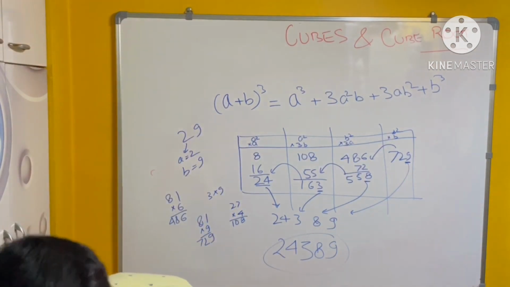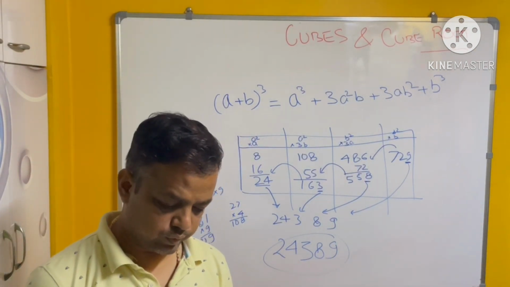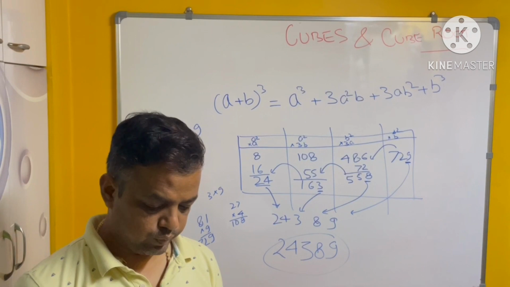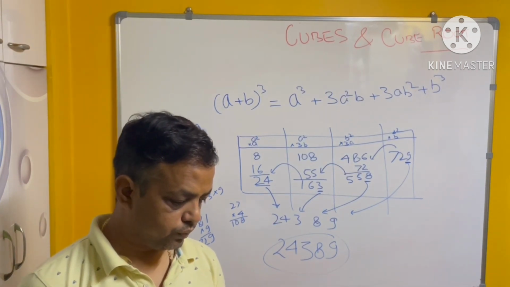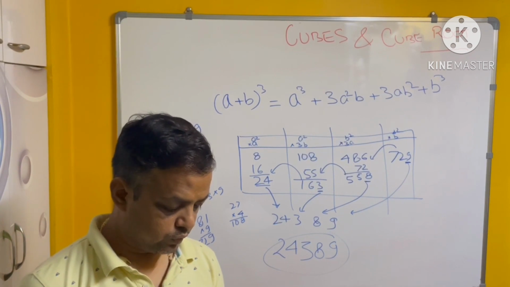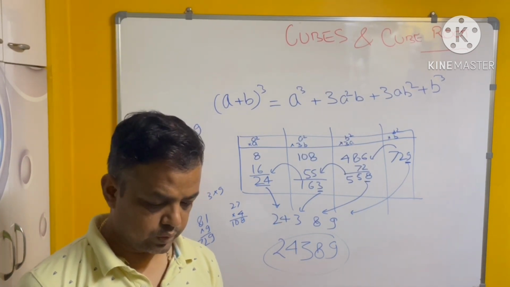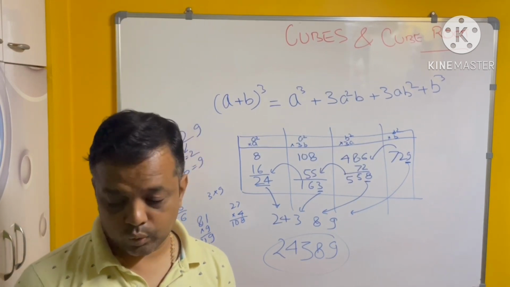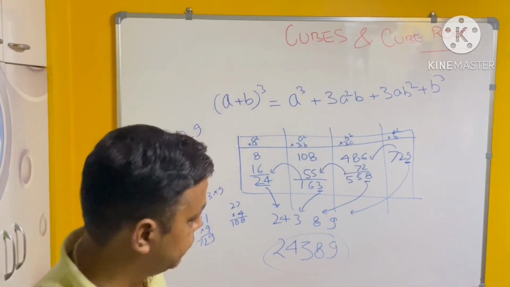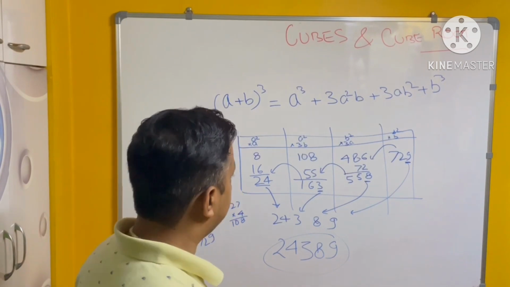So this is the formula. Okay, now the thing is cube root. Okay, this is done.